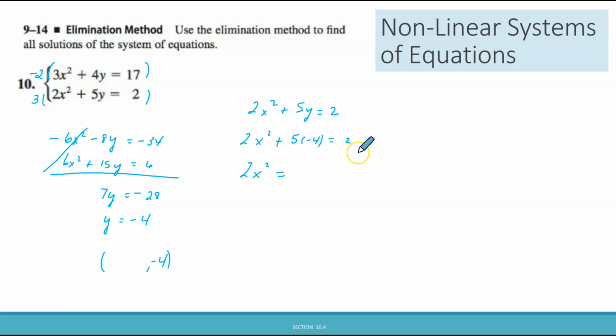So when I add it, that would give us a 22. Dividing both sides by 2 gives us an 11. And so, applying the square root, I apply a plus or minus, and then square root of 11, square root of 11 positive, square root of 11 negative, and there's our two solutions.